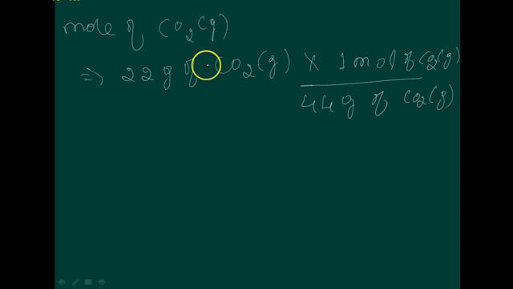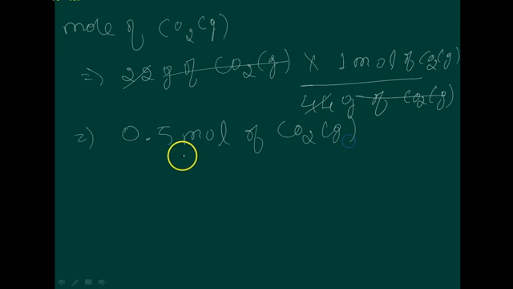So here 22 divided by 44, you are getting 0.5. So hence 0.5 mole of carbon dioxide would be obtained from 0.5 mole of methane, or 0.5 mole of methane would be required to produce 22 gram of carbon dioxide. So this is the solution.